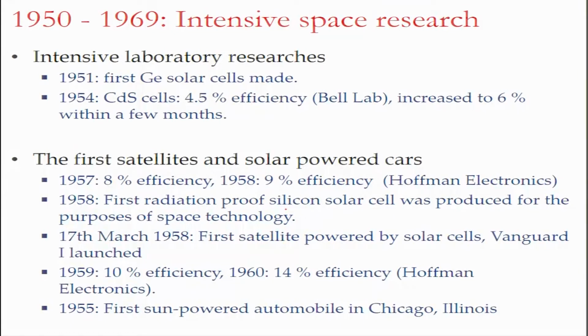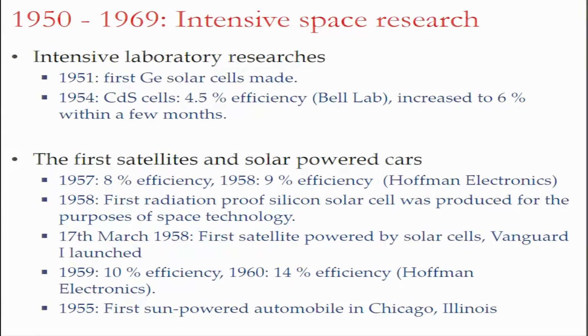Radiation is a problem in space, so a radiation proof silicon solar cell was needed. It was made in 1958, and then in March 1958 the first satellite powered by solar cells, Vanguard 1, was launched in the United States. And then 1959 and the 60s led to a phenomenal increase in the efficiency of silicon solar cells. It went up to 14%.